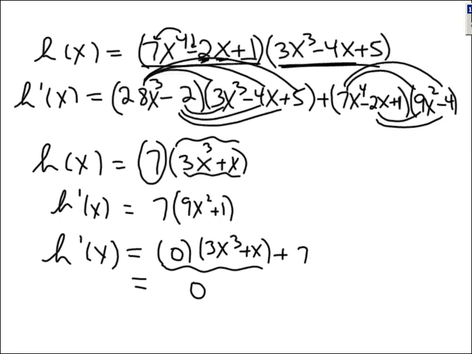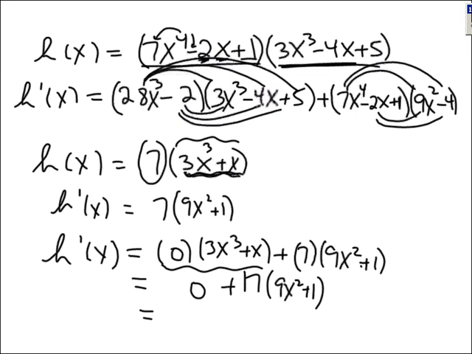Plus 7 times the derivative of the second, which is 9x squared plus 1. So we get 0 plus 7 times 9x squared plus 1. But 0 plus anything is the anything: 7 times 9x squared plus 1.